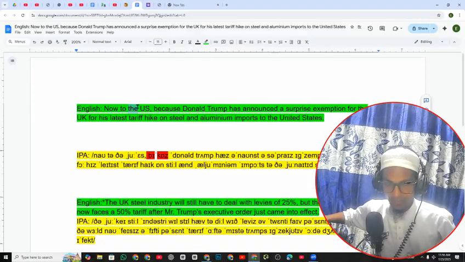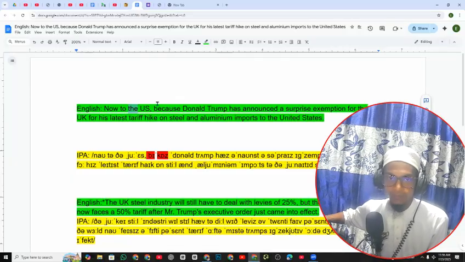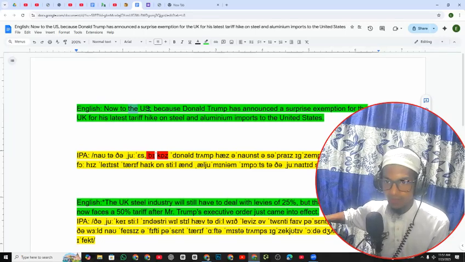Then you need to make a little vibration, such as this. And when we get any vowel, then the "th" is pronounced as "thee". So, now to the US. Now to the US because.